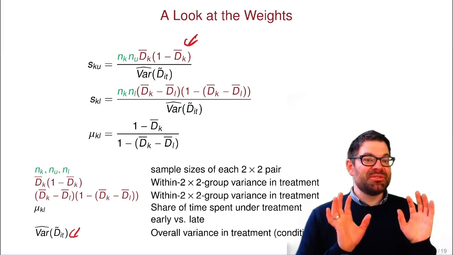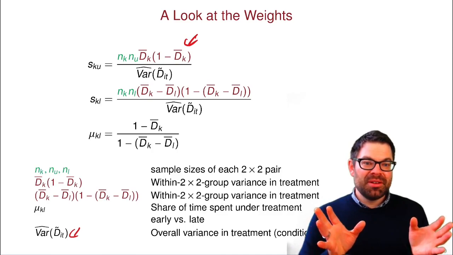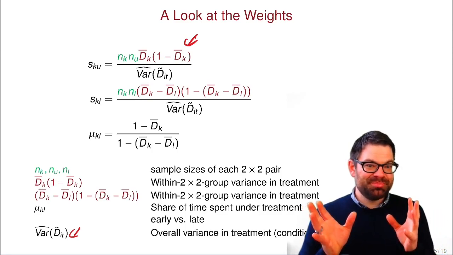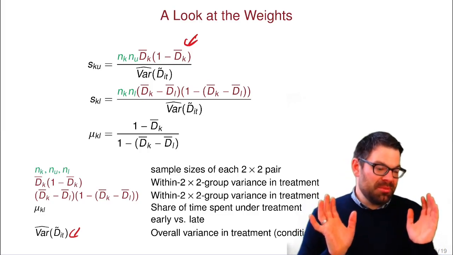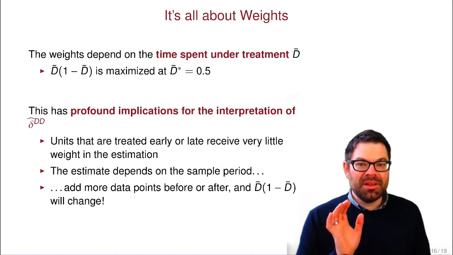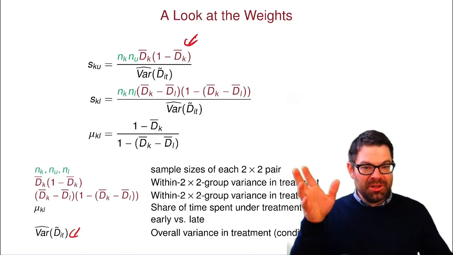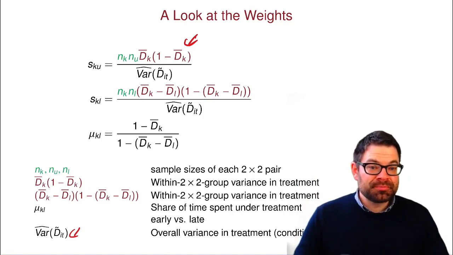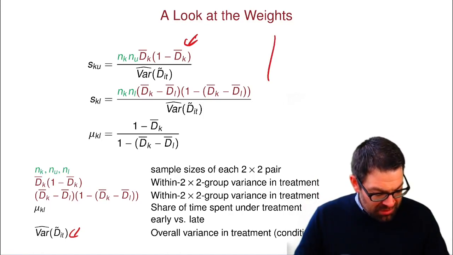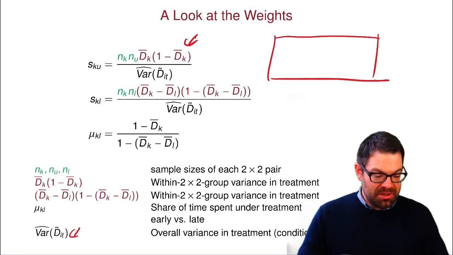The question is just, when do you have a lot of variation in the treatment in these groups? Okay? And there are a couple of dimensions that we need to think about here. So if you think about a 2 by 2 comparison here, right? Let's think about it in terms of a table.